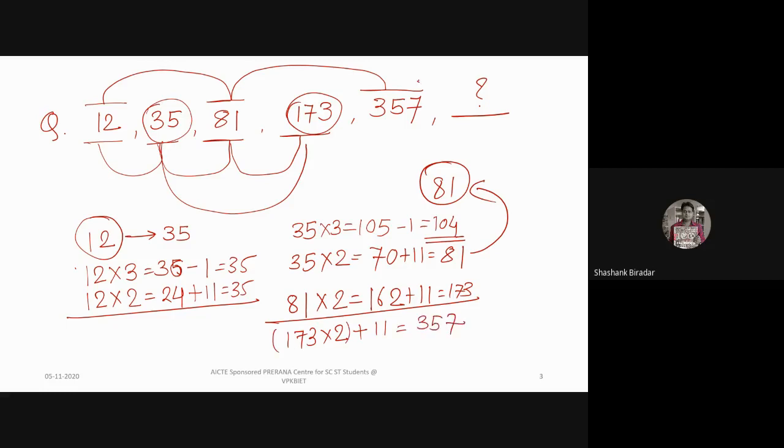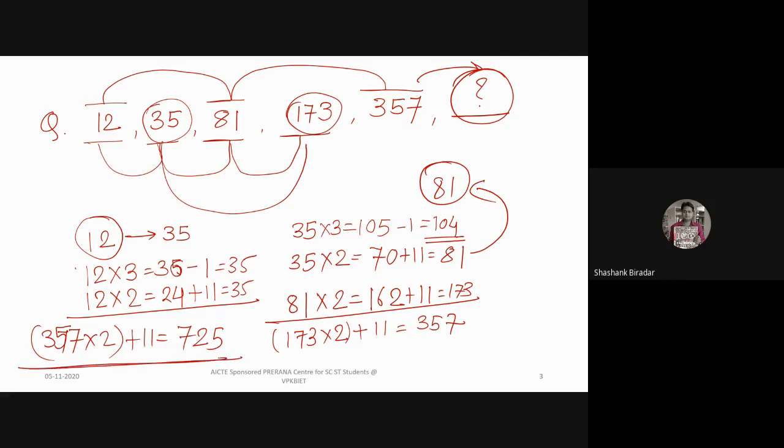Now I need to compute the figure at the question mark. So 357 multiplied by 2, plus 11 is 725. So this is the answer. Likewise, you have to apply the logic.